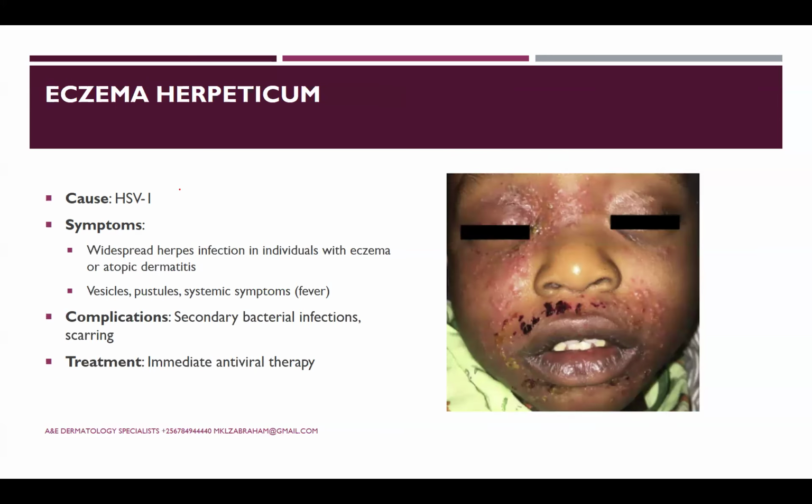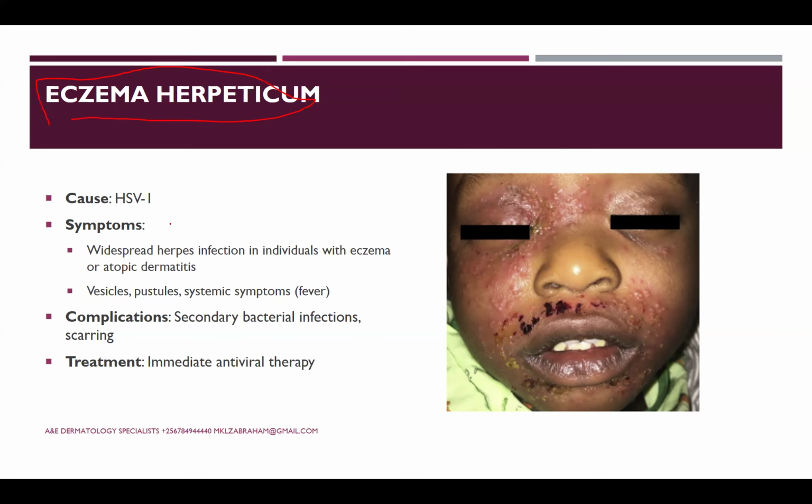Then we have this special variant of herpes infection, which we call eczema herpeticum. Eczema herpeticum is the manifestation of herpes in a child who already has atopic dermatitis. We know that when you have atopic dermatitis, you have a defect in your skin barrier.